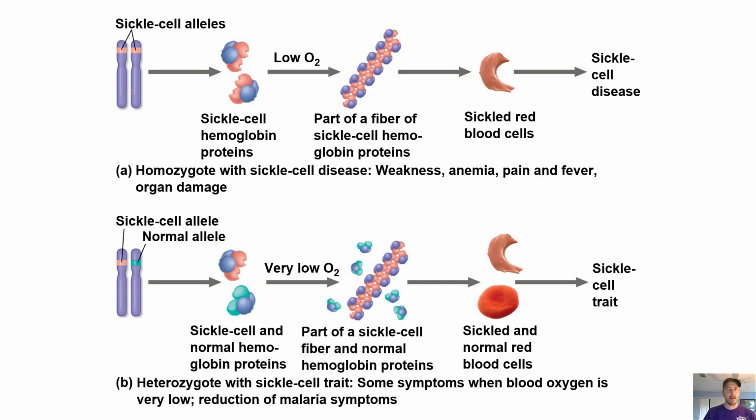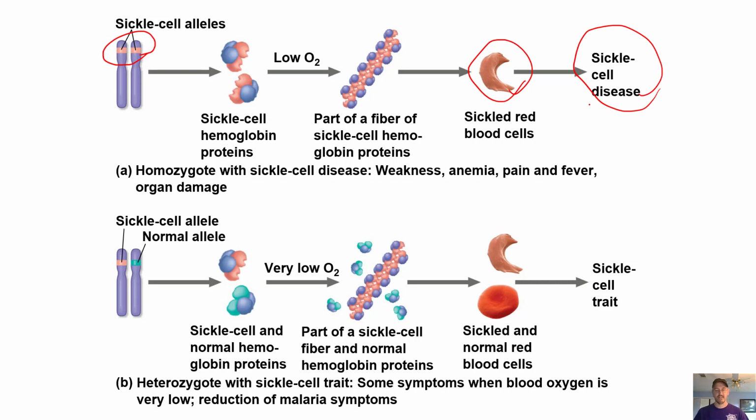And if you have 2 copies of the sickle cell type, then all of your blood cells have hemoglobin that's a different shape than normal. And those hemoglobin molecules, because they're abnormal, interlock together like puzzle pieces, and they're not supposed to do that. And then that causes the whole red blood cell to change shape, and that leads to sickle cell disease.